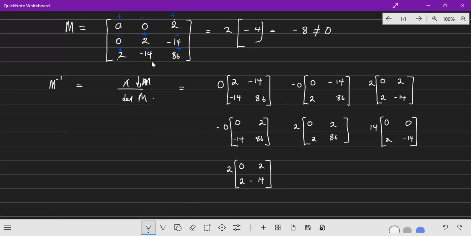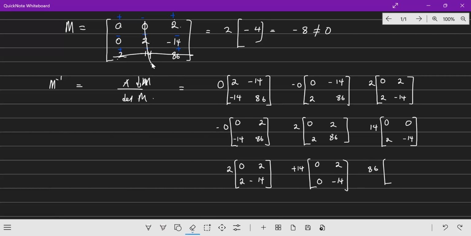And then next, this is negative 14. Negative, going to positive, right? Positive 14. Okay. So this will be equal to what? So you cover that column and that row. You have 0, 0, right? 0, 0. And then 2, negative 14. And then finally you have 86 there, right?